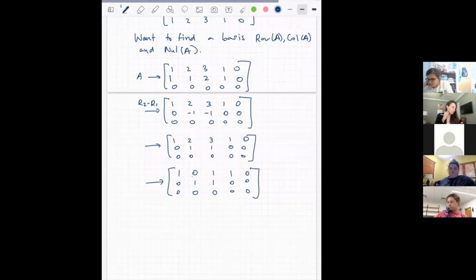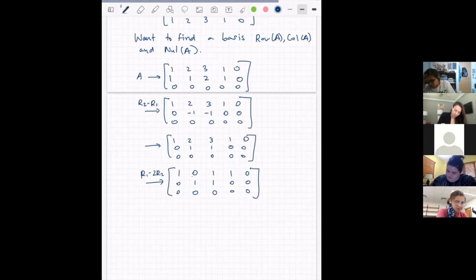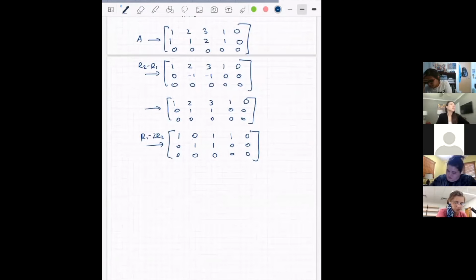Do you agree? I replaced the first row with the first row minus 2 times the second row. Okay, yeah, I see it. I think this is reduced. Yeah, it is reduced.